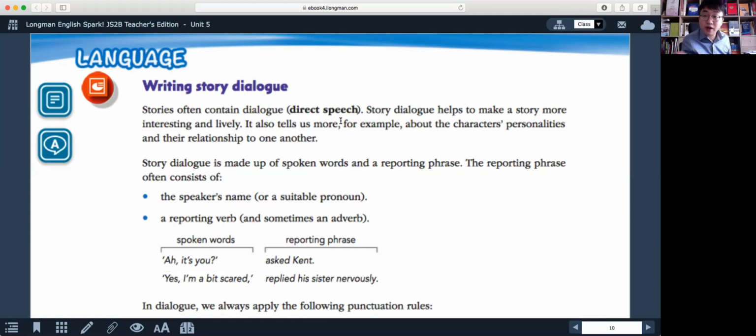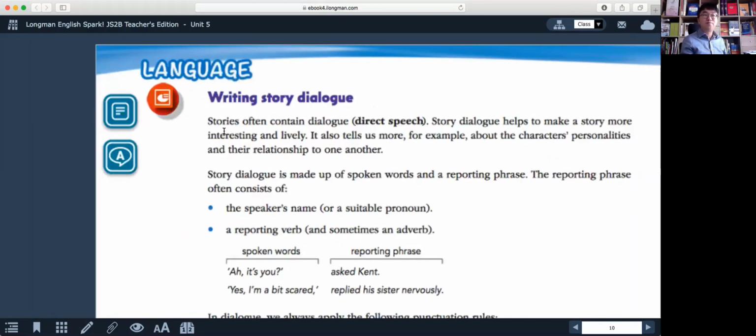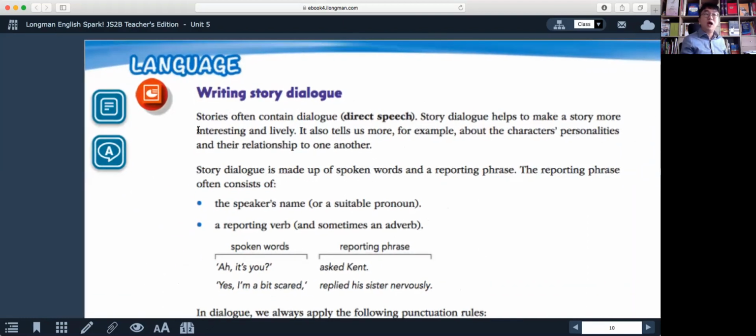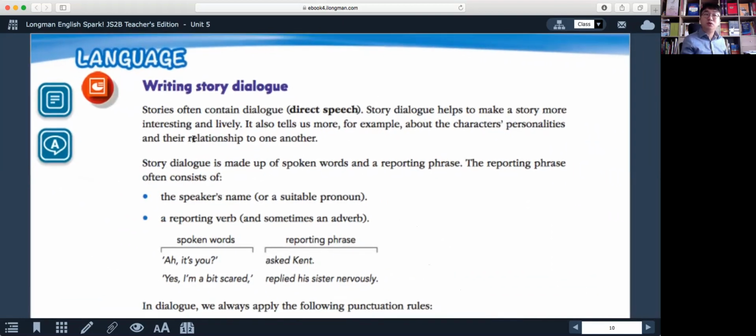Would it be very weird? Of course it would. So we need to include dialogue in a story to help make it more interesting and lively. And dialogue also tells us more, for example, about the characters' personalities in the story, and also their relationship to one another.